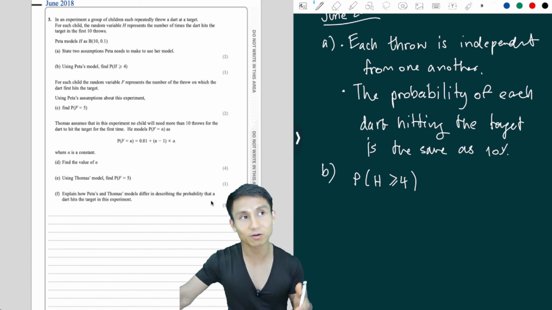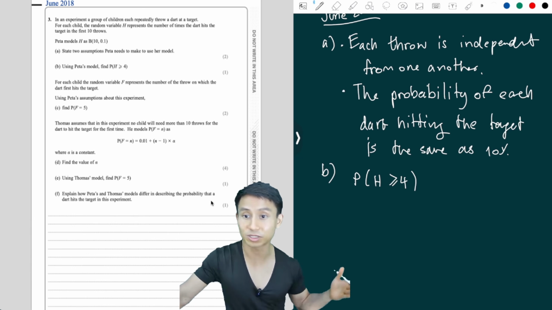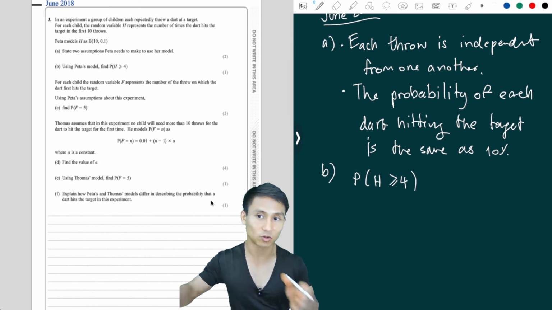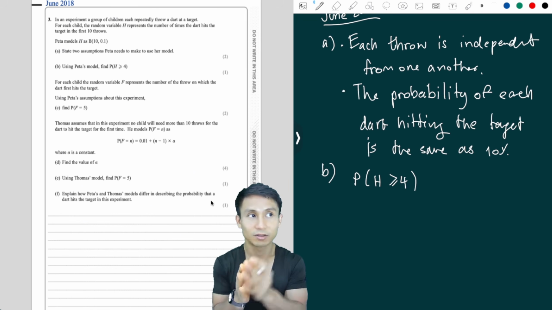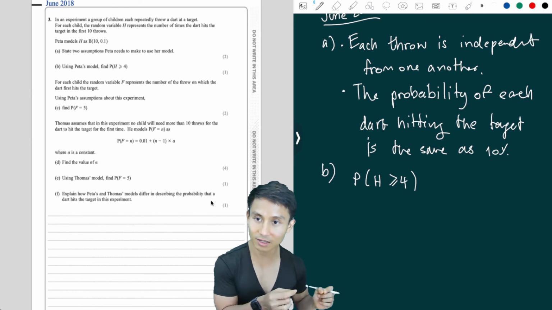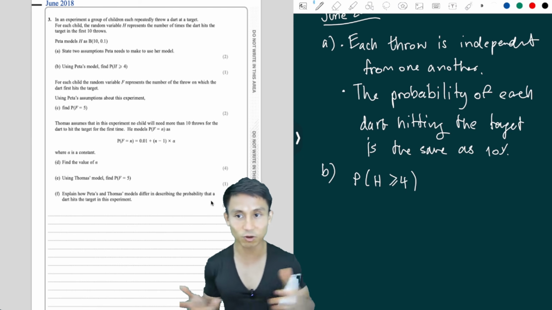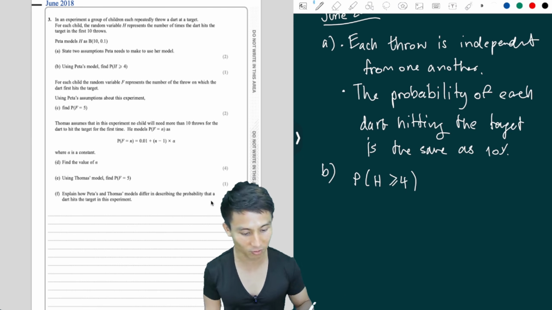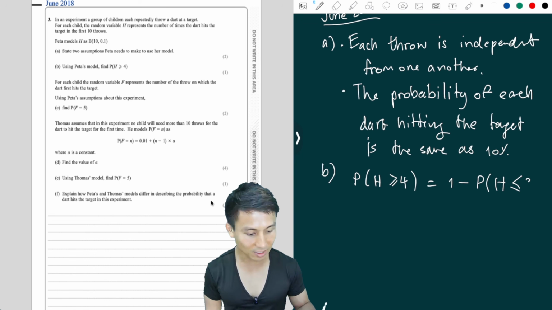In a graphing calculator, there should be binomial CD. So you need to put the X value, the N, and the P. But in this case, we want probability of greater than or equal to 4, so you need to change that to 1 minus P of H less than or equal to 3.